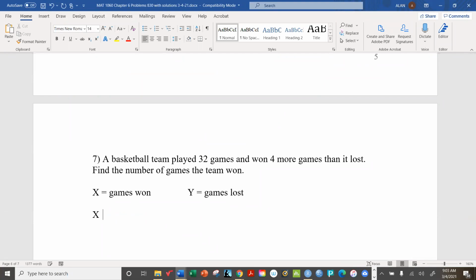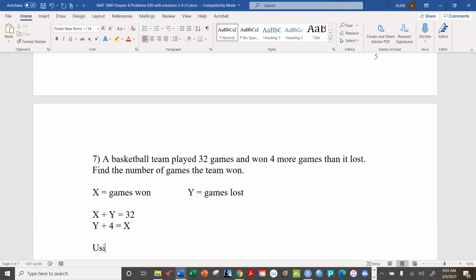So we know that the total games is 32. And now we also know that the number of wins is 4 greater than the number of losses. We could express this in a few different ways. Why don't we do it this way? Y plus 4 equals X. In other words, if you add 4 games to the number of losses, you'll get the number of wins. Now why don't we do this too?